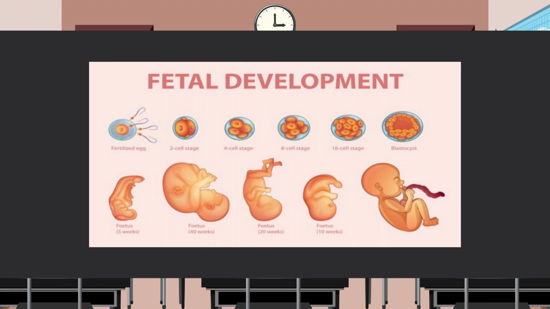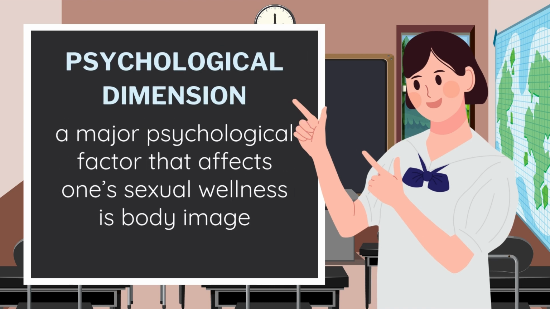Now let's proceed to the psychological dimension. A major psychological factor that affects one's sexual wellness is body image. A positive body image leads to a feeling of overall wellness, while negative self-image can lead to drug abuse or psychological disorders such as anorexia, bulimia, binge eating disorder, and the like.